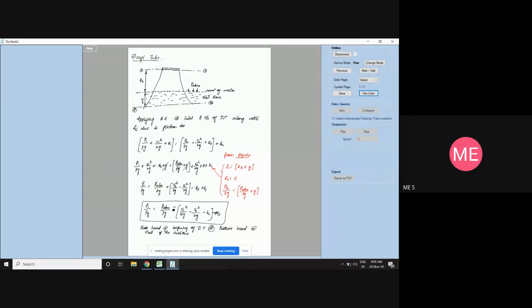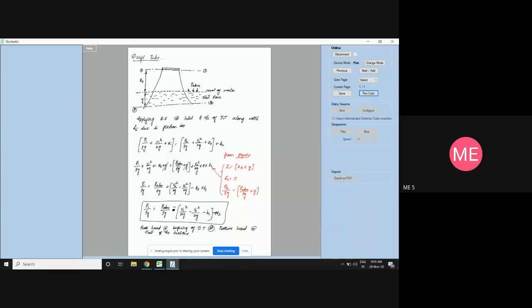This derivation, he may ask you in the turbine chapter also, because there also the draft tube will be there. This derivation holds good there also. Wherever the draft tube comes into picture, they may ask you to determine the pressure head at the exit of the turbine or at the beginning of the draft tube.